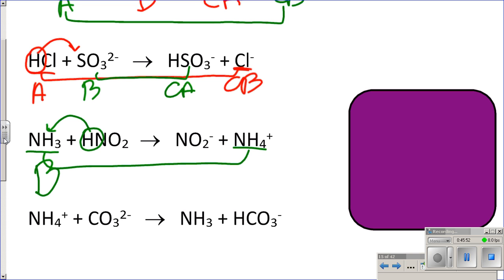Your friend over here? No, this one right here. C is conjugate acid, good. So here nitrous acid is the acid and its friend is the conjugate base. Thumbs up if you get how this is going. All right, you do the next three. We'll check them.